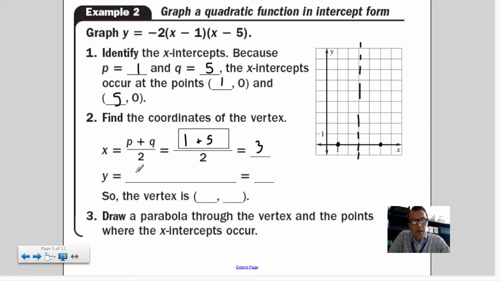If I plug 3 into the function, I'd get negative 2, parentheses 3 minus 1. Some substituting, right? Plug it in. 3 minus 5. It looks like that would come out to 8. So now I should go up 1, 2, 3, 4, 5, 6, 7, 8.